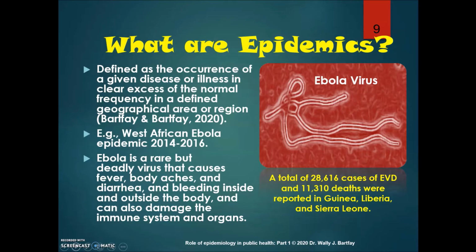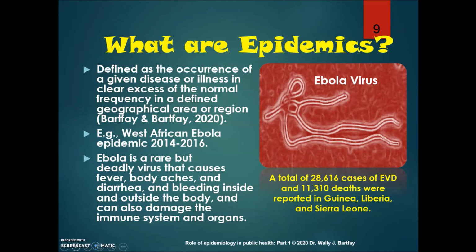We know that Ebola is an extremely rare but deadly virus that causes fever, body aches, diarrhea. It may also lead to bleeding inside the body in the various organs and also outside of the body, bleeding through the nose, the eyes, etc. And it can also damage the immune system and organs.